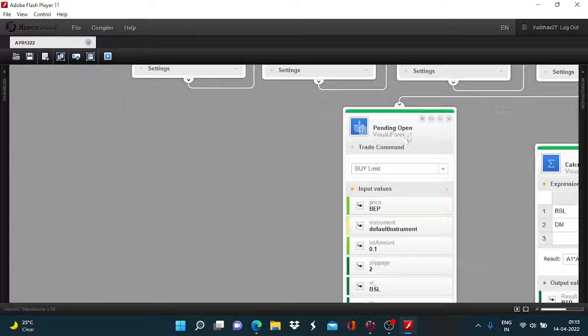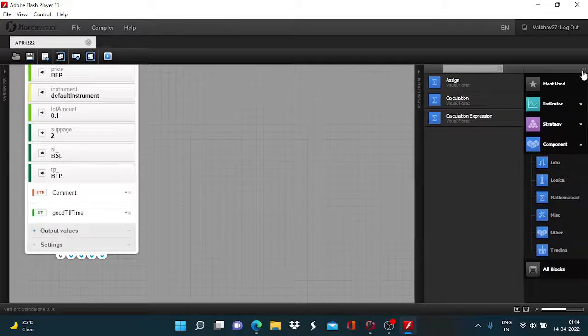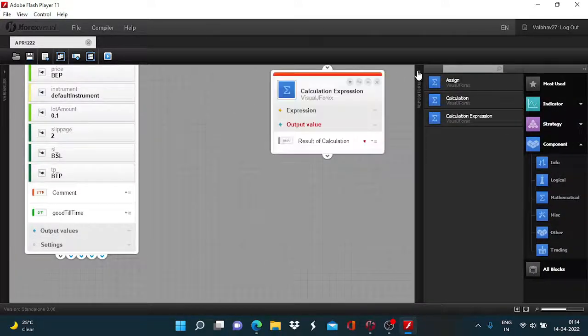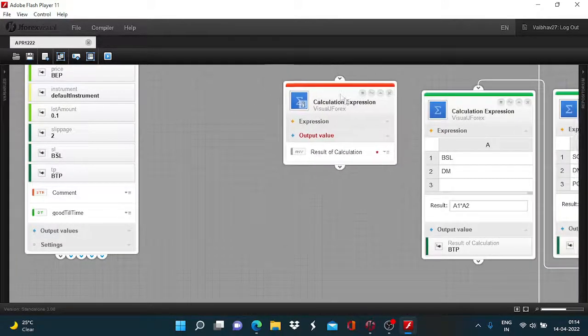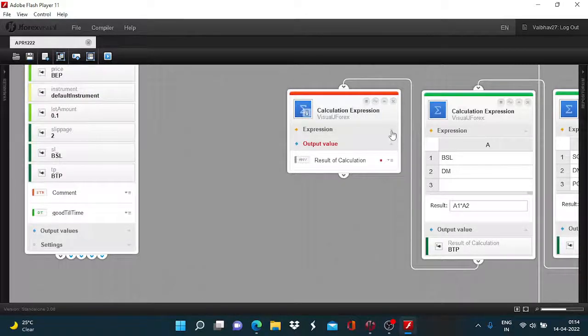Now we need one more variable for defining the order validity. So I am going to add one more calculation expression block and define the order validity, which we want to be 1 hour.